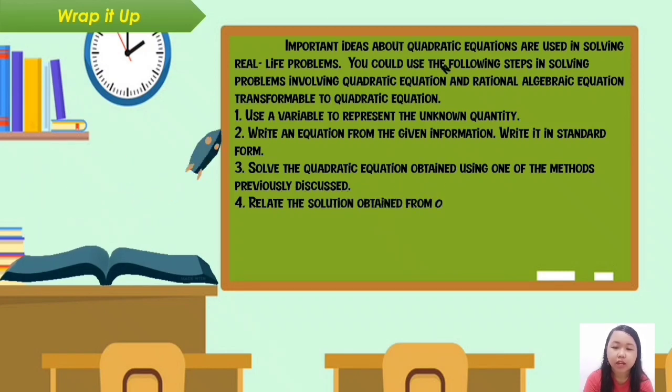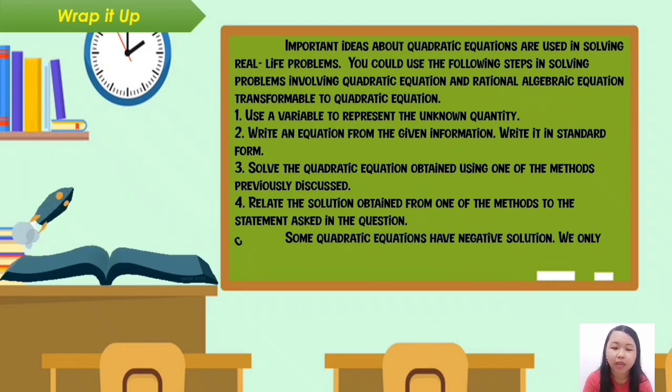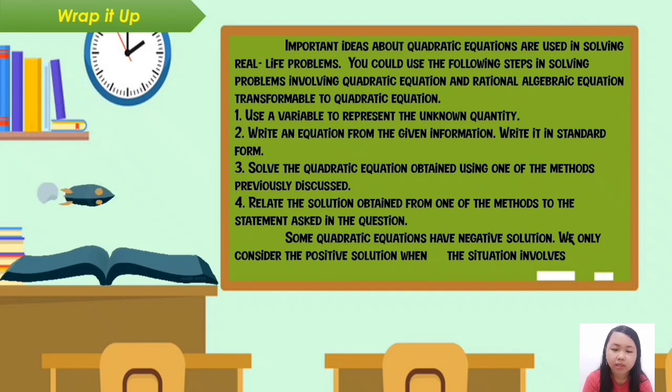And lastly, relate the solution obtained from one of the methods to the statement asked in the question. And remember, some quadratic equations have negative solutions. We only consider the positive solution when the situation involves time and length.